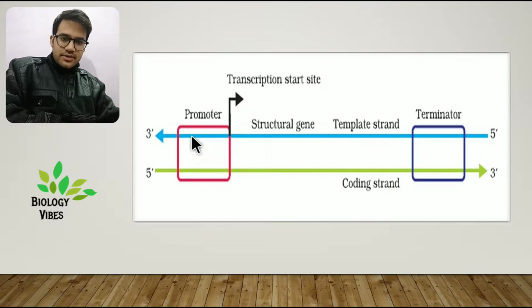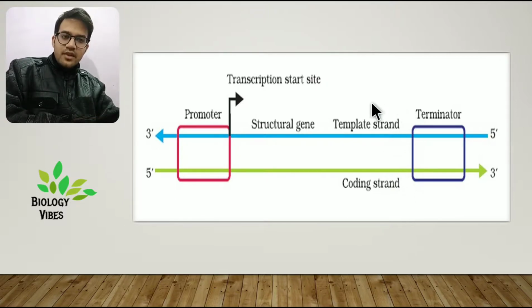So the RNA polymerase binds to the template strand and synthesizes from the promoter till the terminator, and keeps on adding the sequence which is complementary to the template strand. The template strand is called the antisense strand and the coding strand is called the sense strand.